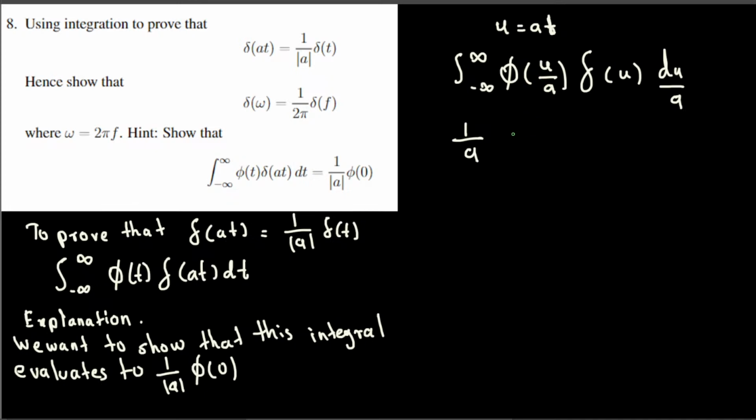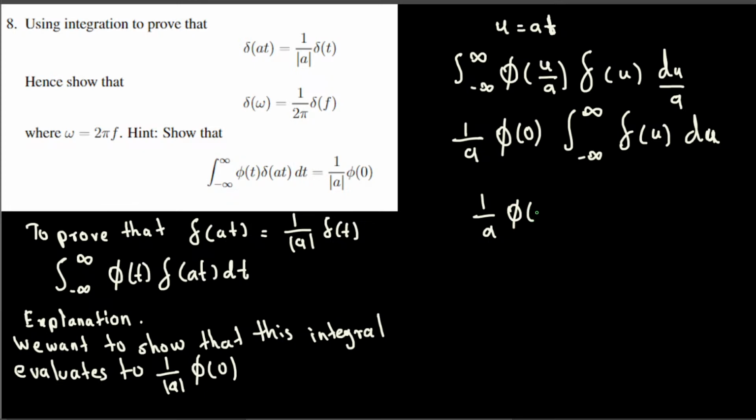So we get phi of 0, and I bring the phi of 0 to the front since the u value is gone, and then we have the integral from negative infinity to infinity of delta of u du. Okay, and if you integrate an impulse function, that is 1, so this is basically 1 over a, phi of 0 times 1, which is this thing.